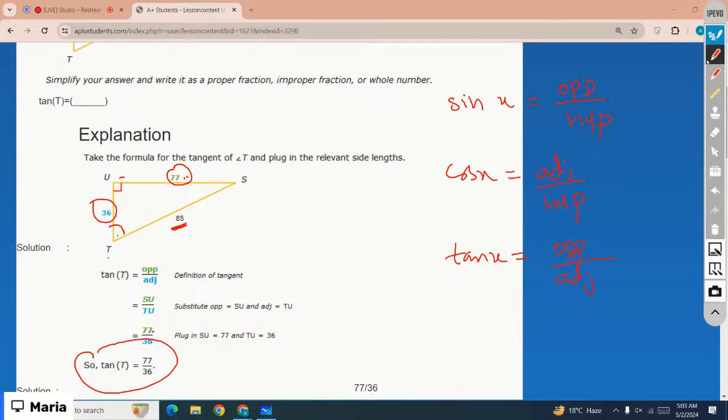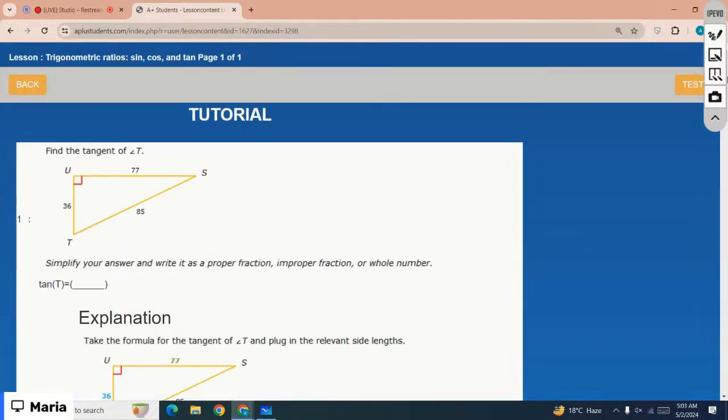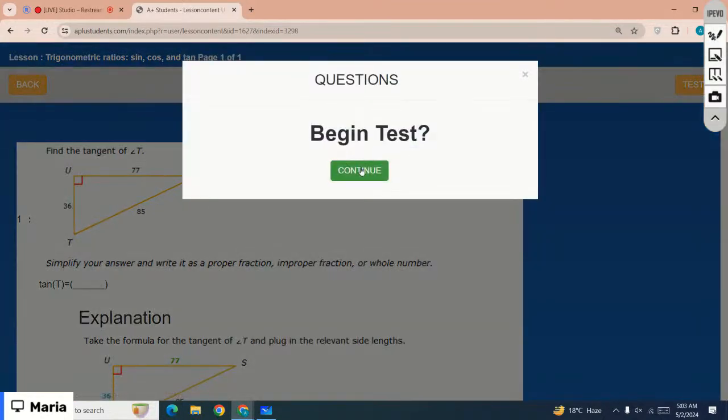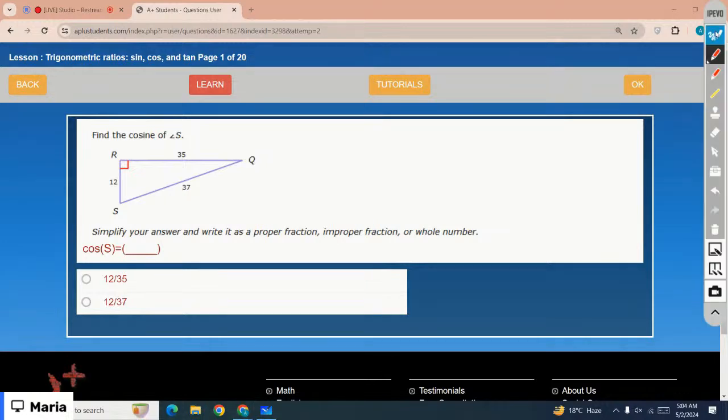Let's start with the practice questions. Find the cos of angle S. Cos of angle S is adjacent divided by hypotenuse.